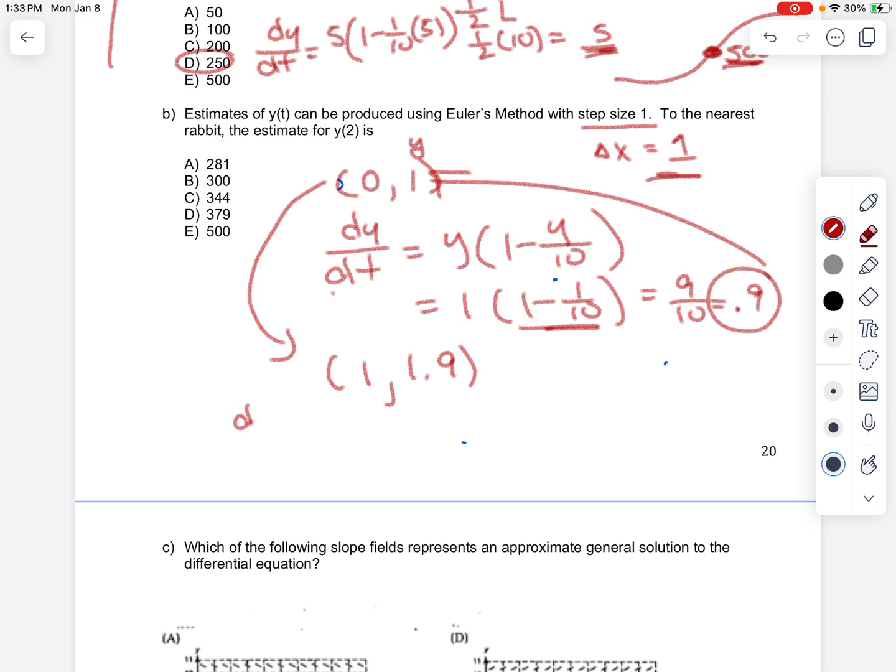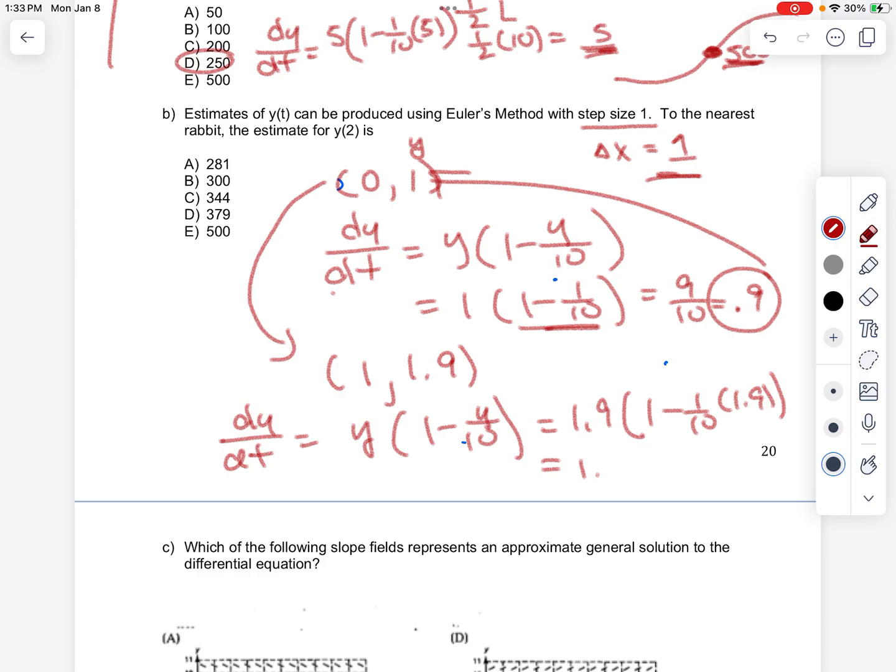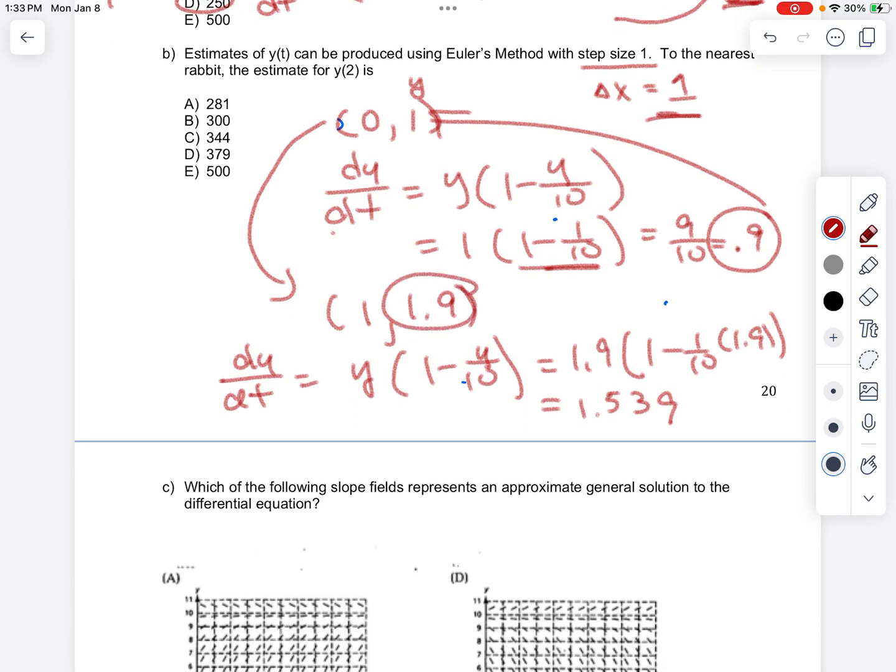So let's do the same thing. dy/dt equals y(1 - y/10) again. Let's plug in 1.9 here. And you're going to have to do some arithmetic here, and this is going to be 1.539. So again, the idea is this is your previous y, this is dy/dt, your change in y.